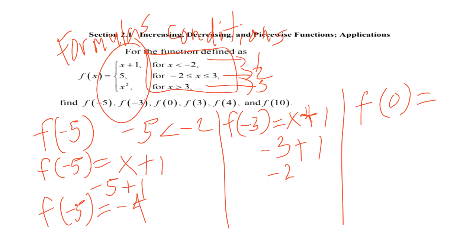Now this is tricky because it's just a number. It says 5. So that just means the output is just 5. Looks like an S, but it's a 5. So f of 0 is equal to 5. And that's all you have to do for that one.